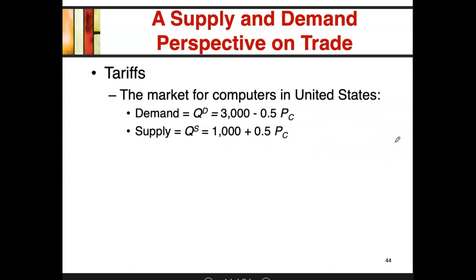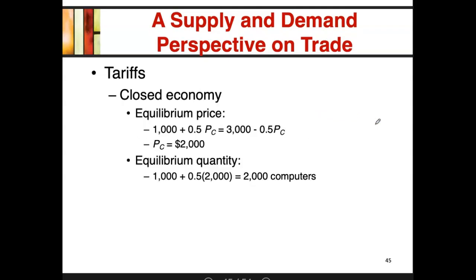Okay. And from these two equations, so we have equation 1, we have equation 2, we can basically find equilibrium quantity and we can find equilibrium price as well, okay? So suppose the United States economy is basically a closed economy. We can actually find a closed economy price.